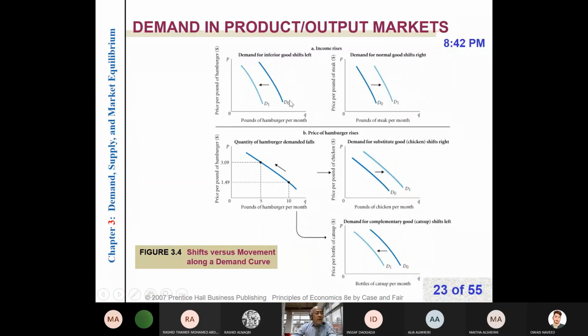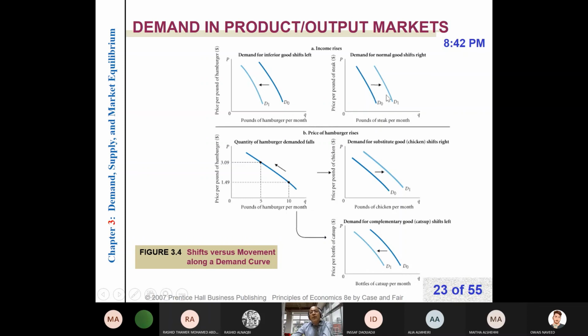So this dark blue curve, let me come, this is easier. This dark blue curve is a demand curve for a normal good. What happened? Assume my income rises. So if income rises, demand for a normal good will increase, as we explained.